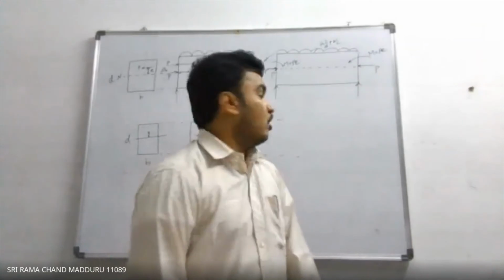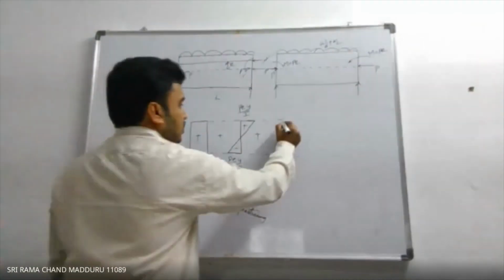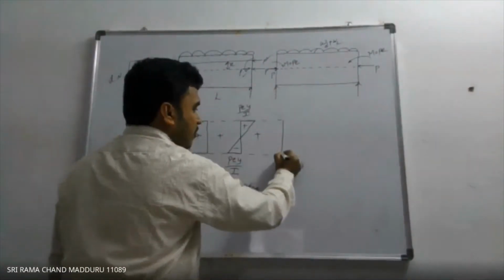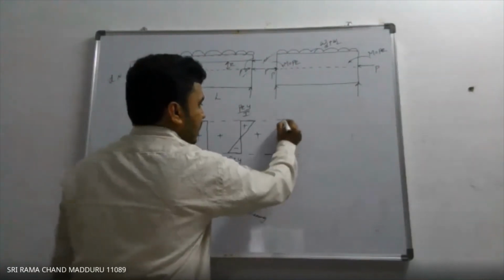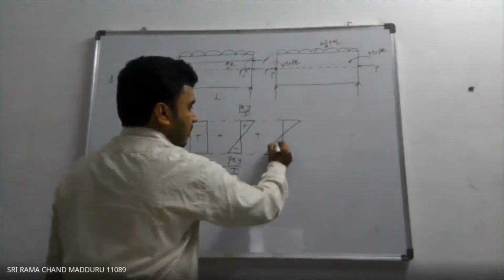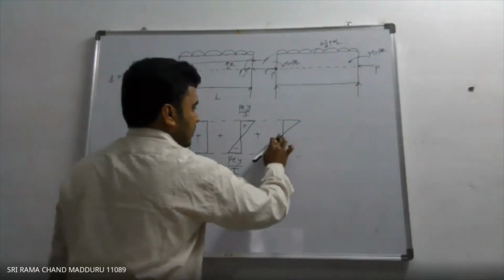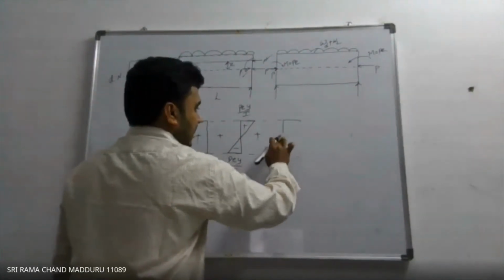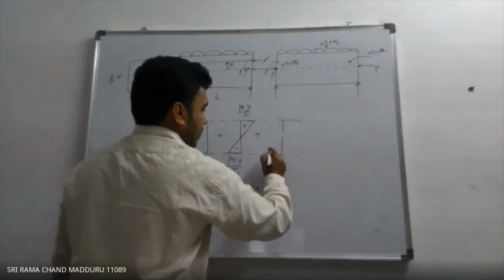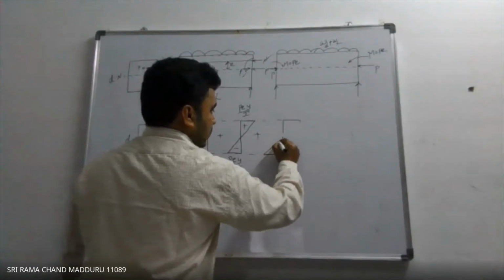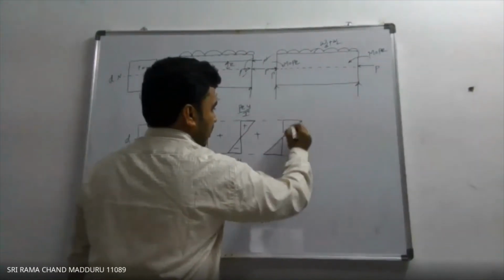The next one is bending stress due to loading. Obviously the top fiber will be under compression and the bottom fiber under tension, the same case that we have written. While drawing the diagram, don't draw in a rough way.